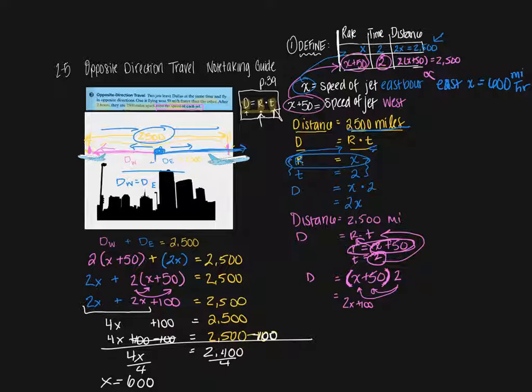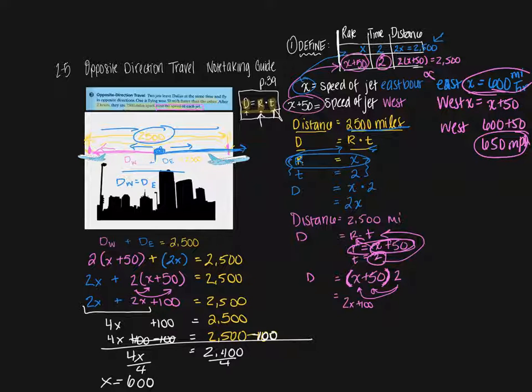How would I find the speed of my westbound jet? Well, my westbound jet is going x plus 50. And I know that x, based up here, is 600. So it's 600, and it's 50 more. So my westbound jet is going 650 miles per hour.